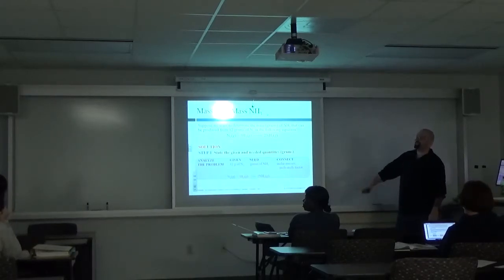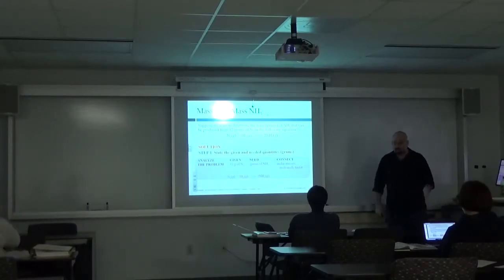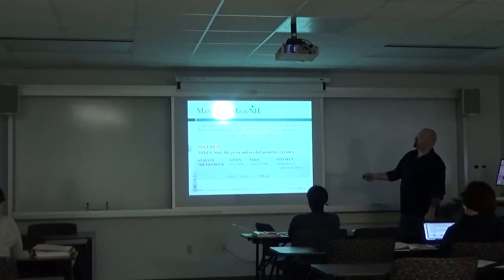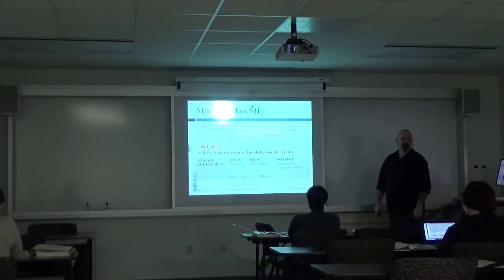N2 as a gas is not just N. So it has to be N2, plus H2, right? Because hydrogen also comes as a diatomic molecule as a gas, right? So conveniently enough, NH3, this makes this easy, right?